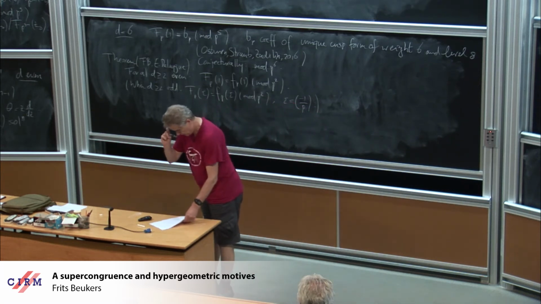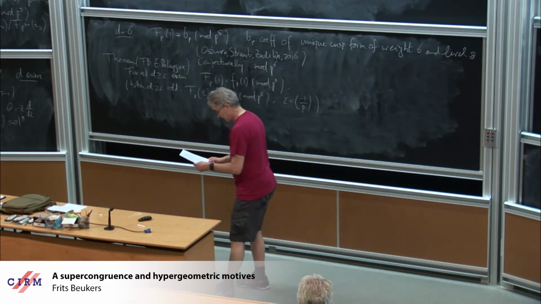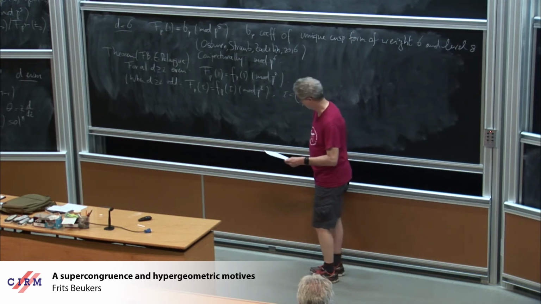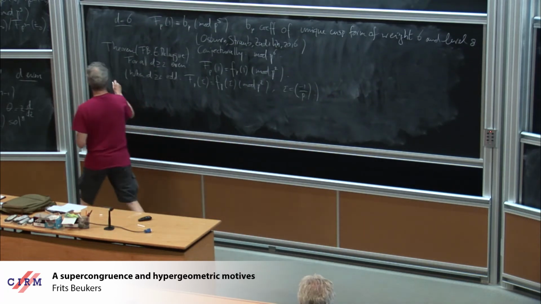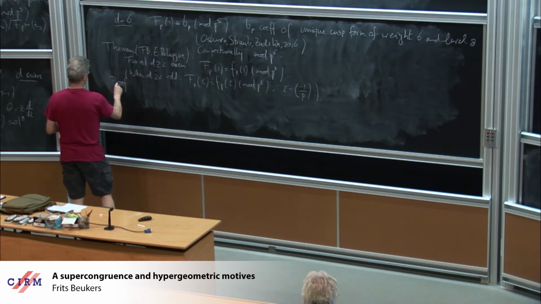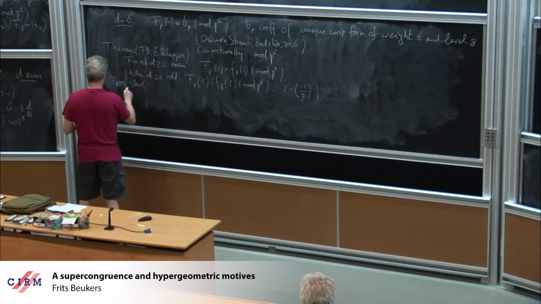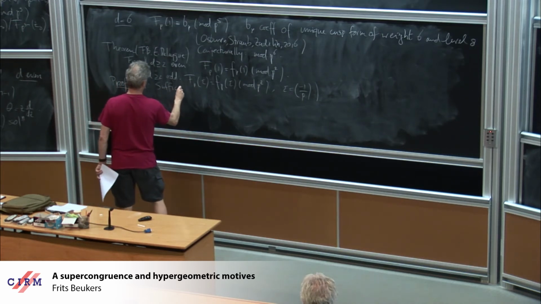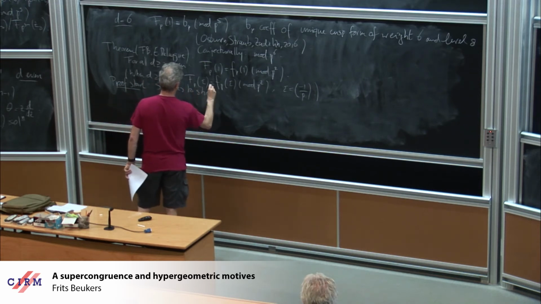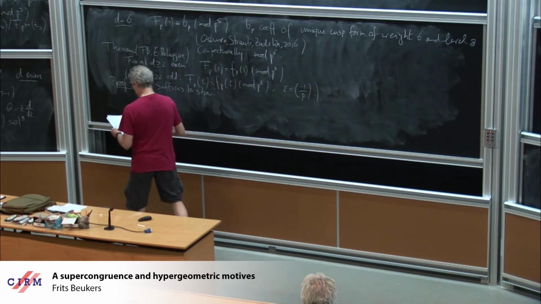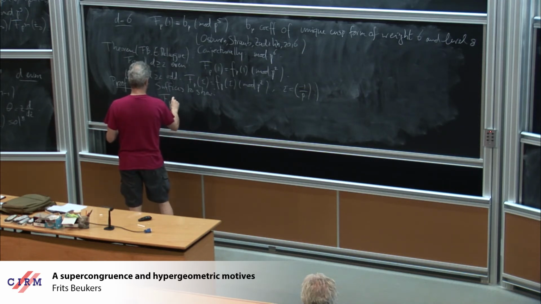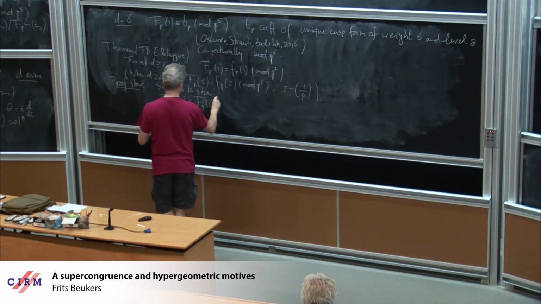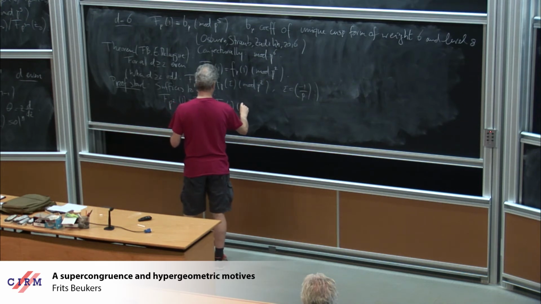I'm not going to give you the proof entirely, but let me give the start of the proof at least, and then not finish it. The proof goes like this. It suffices to show that the following is true, that fp squared of 1 is equal to fp of 1 times fp of 1 mod p squared.